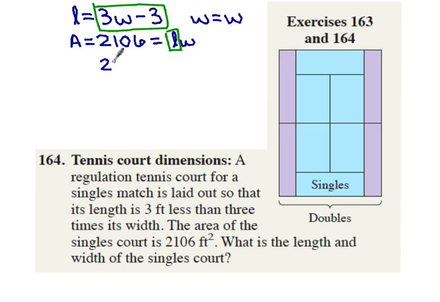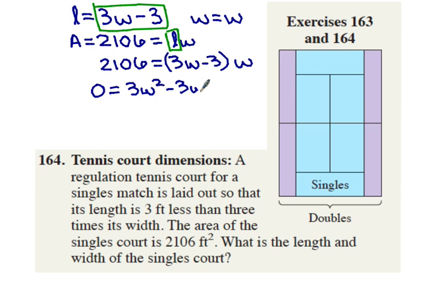So 2106 is going to be equal to length times width. We'll distribute that through and get it all on one side. So 0 will equal 3w squared minus 3w minus 2106.